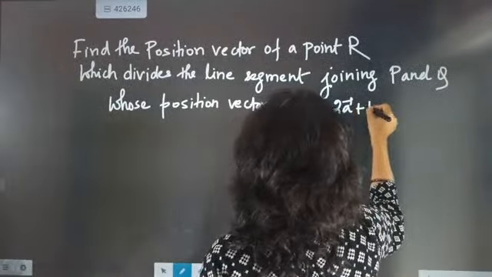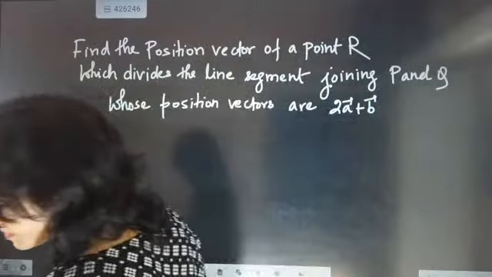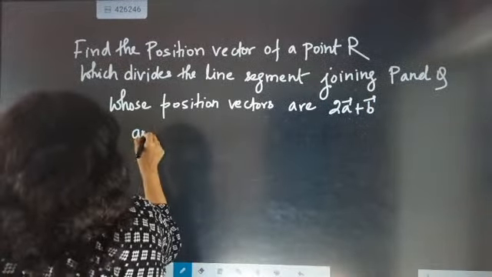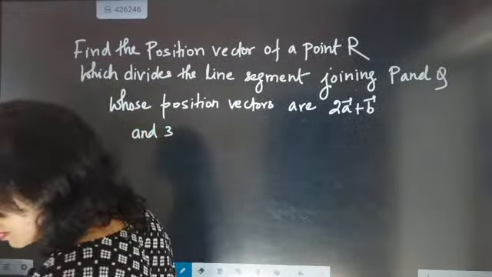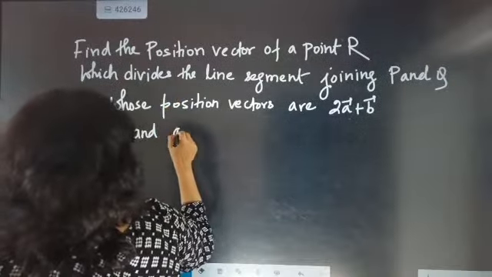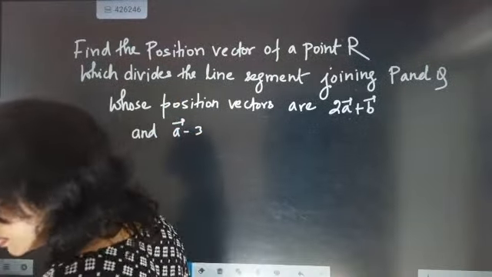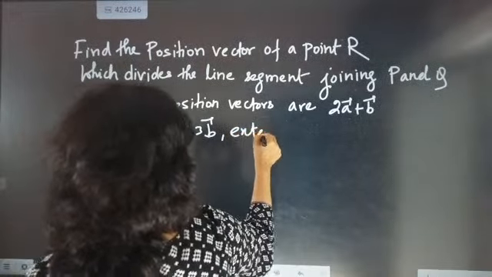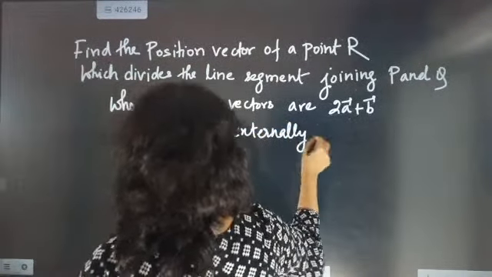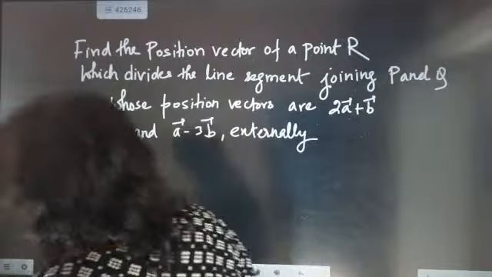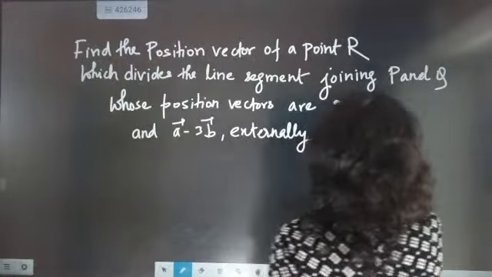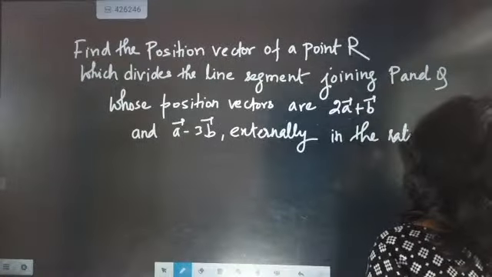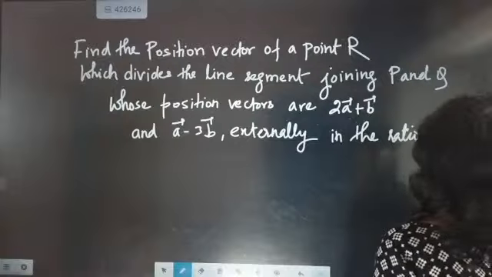2a vector plus b vector and a vector minus 3b vector, externally in the ratio 1:2.